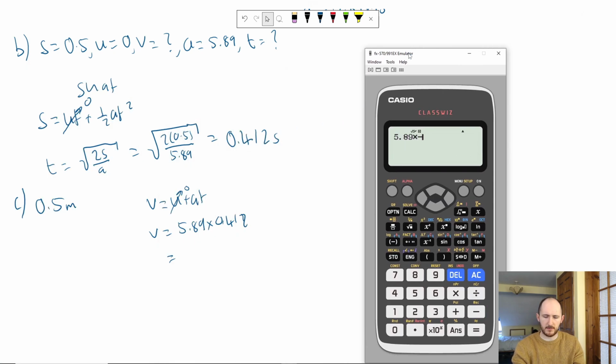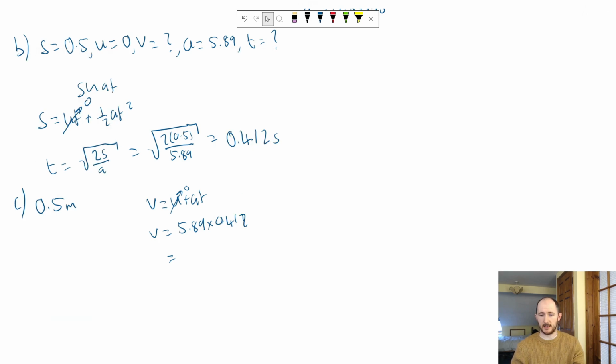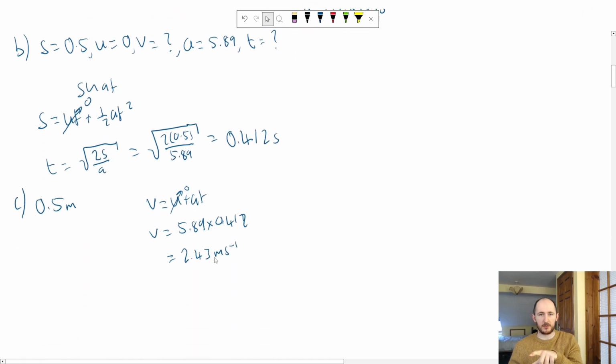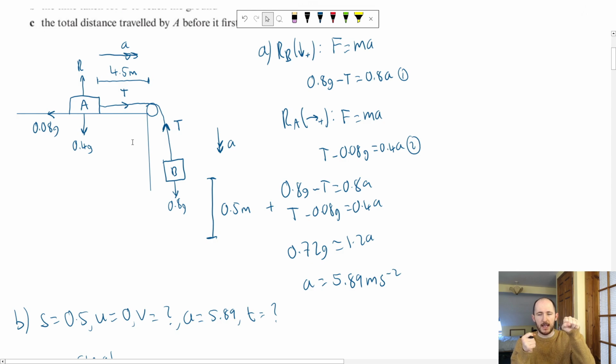Our answer gives us 2.43 meters per second. Just to give you context, B has dragged A and allowed it to get to a speed of 2.43 meters per second. It's then hit the ground, so now it's no longer being dragged.